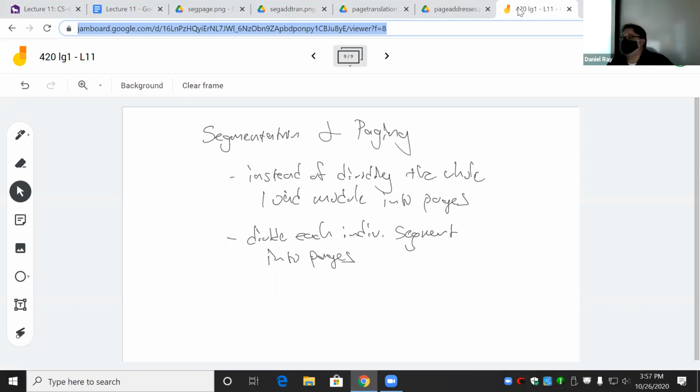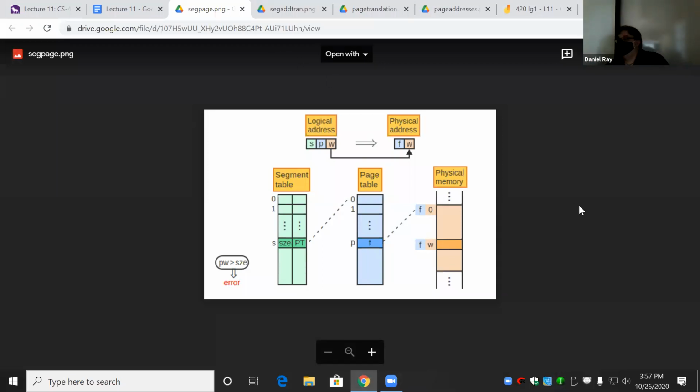See a problem with this? It works, but what? Put on your engineering hats and tell me why this might be a problem.